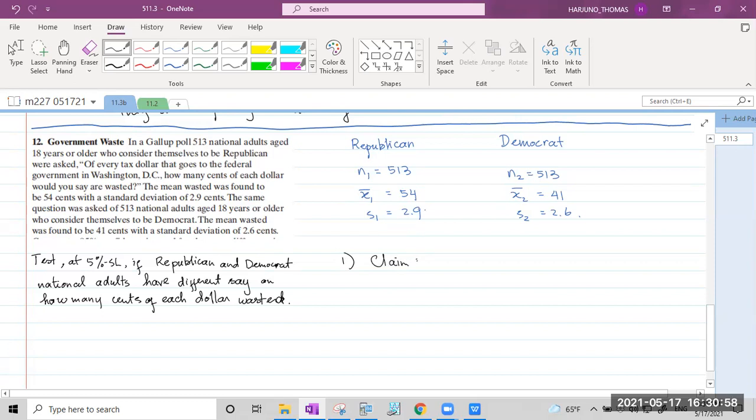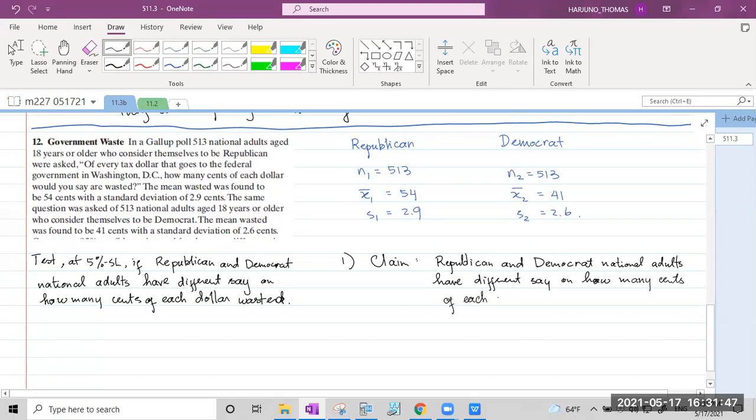The claim: Republican and Democrat national adults have different say on how many cents of each dollar wasted.